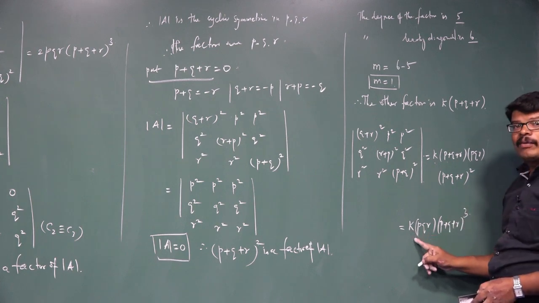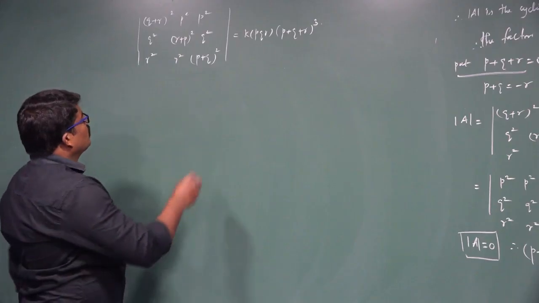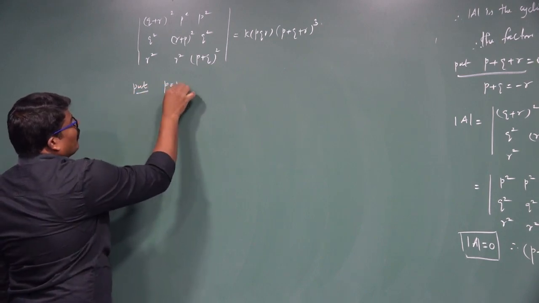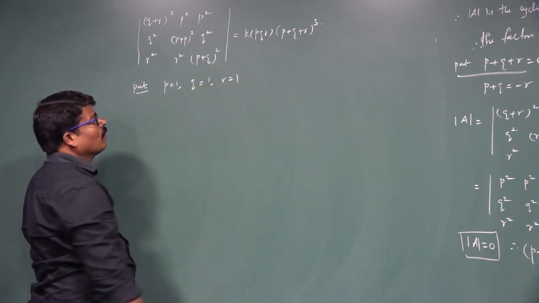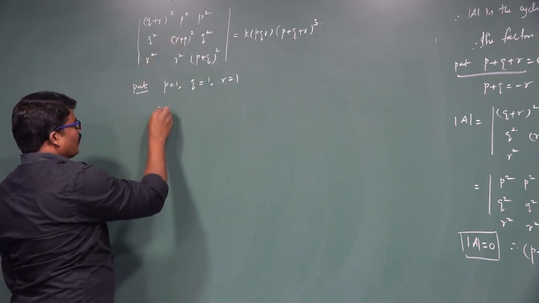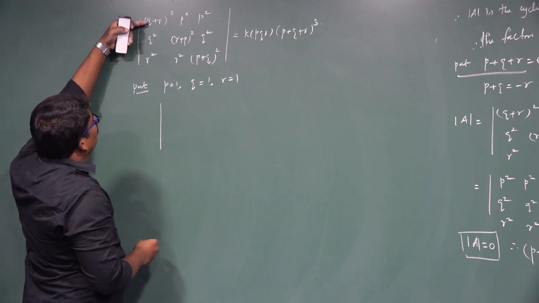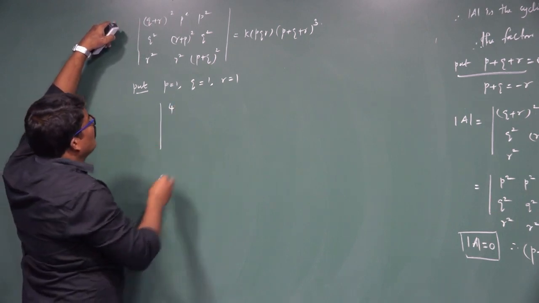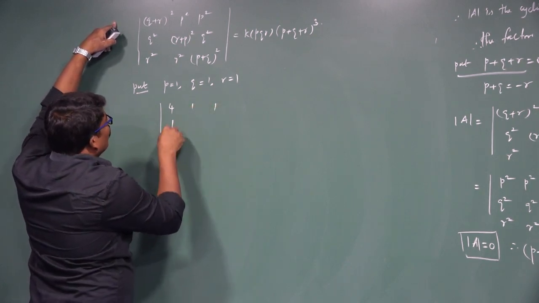Next, now find the value of K. Put the values of P, Q and R. Now I am taking P value 1, Q value 1 and R value 1. Substitute in the determinant. 1 plus 1 is 2, 2 square is 4. P square is 1, 1.